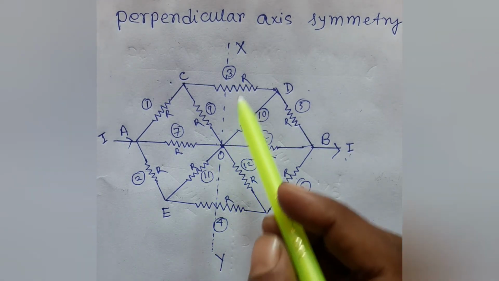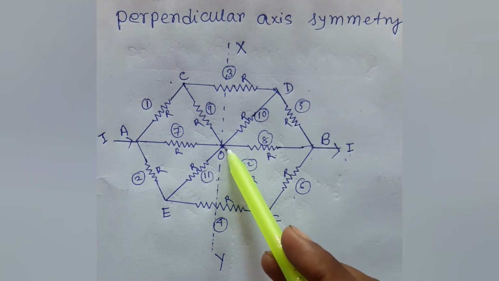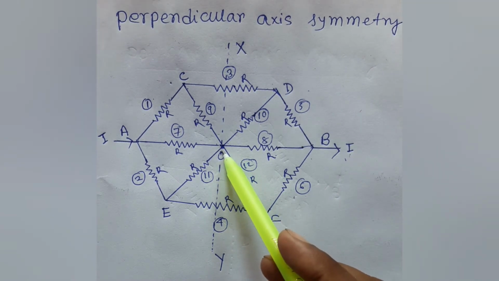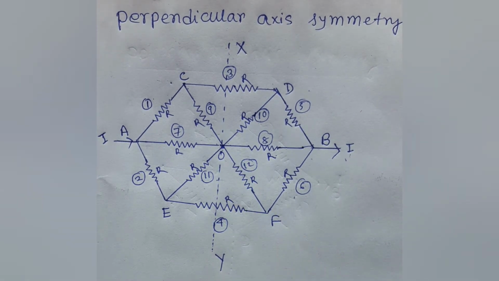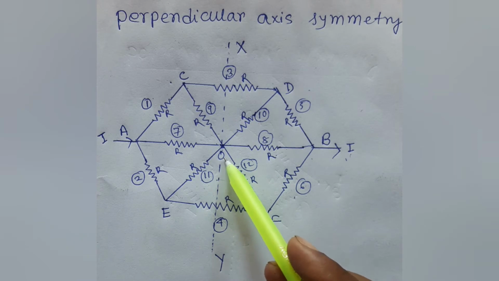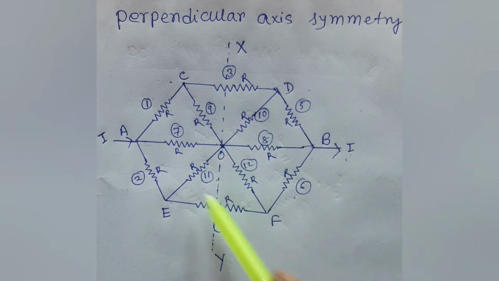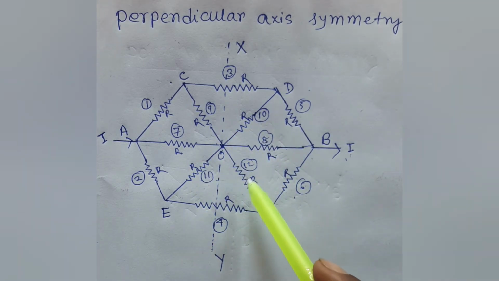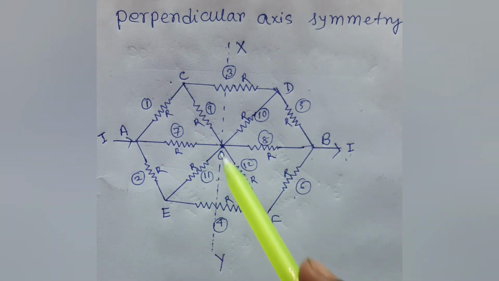Therefore, we see that no current will mix at the point O. Thus we separate the branches here. Now we draw the simple reduced circuit in the next figure.